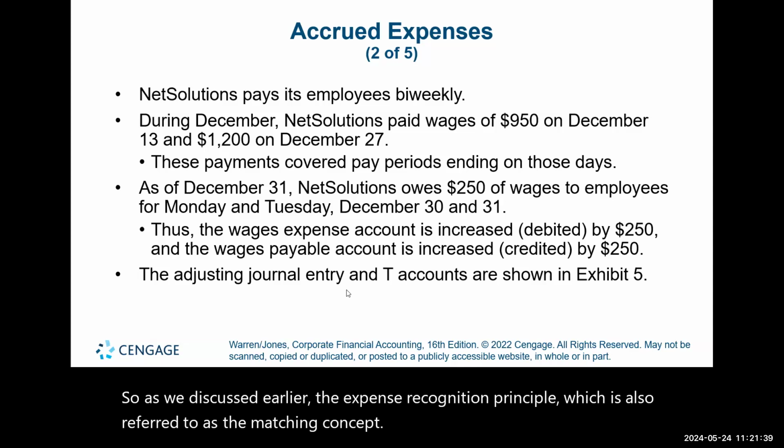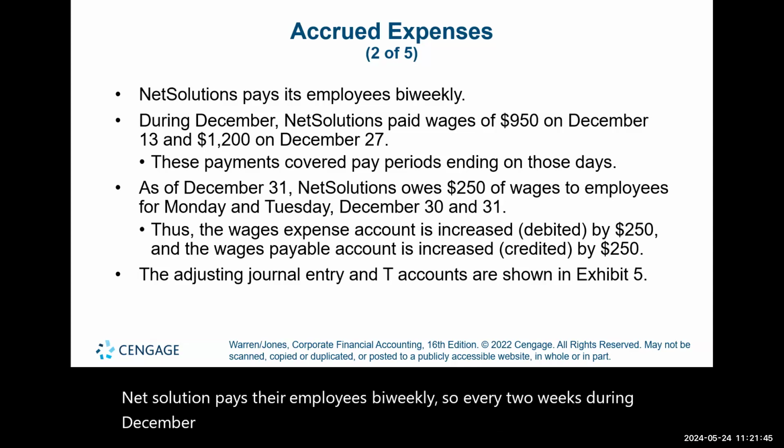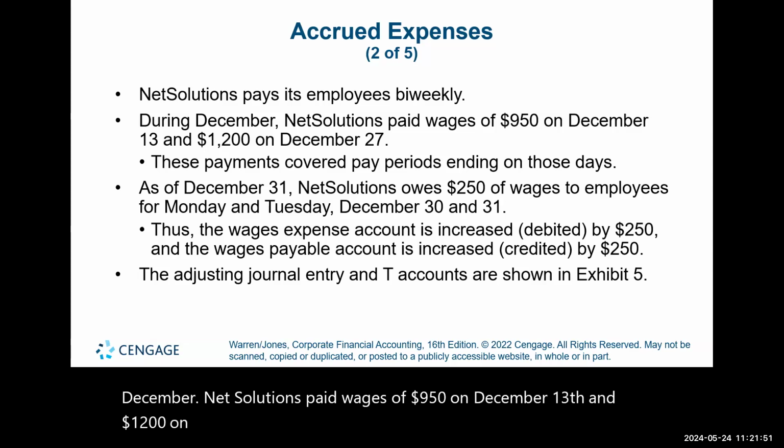Net Solutions pays their employees bi-weekly, so every 2 weeks. During December, Net Solutions paid wages of $950 on December 13th and $1,200 on December 27th. These payments covered pay periods ending on those days.